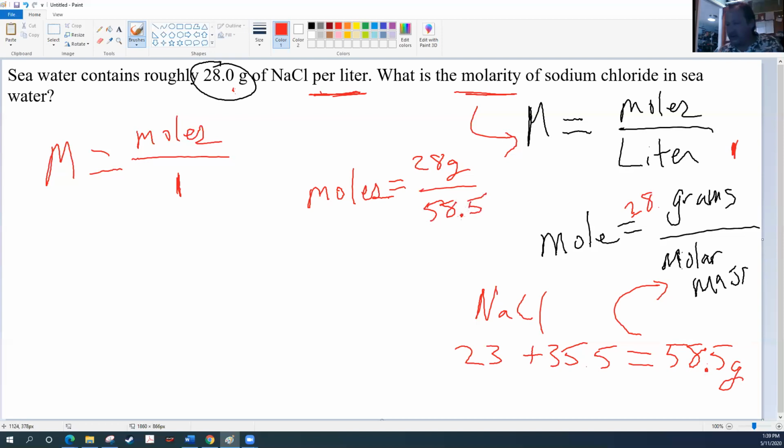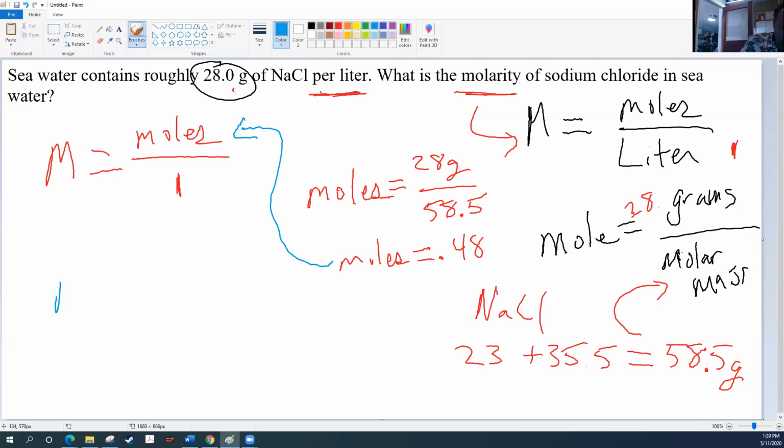And so let's do our math. 28 divided by 58.5 gives me 0.4786. I'm going to round that to 0.48. So our moles equals 0.48, and that's going to go right there.